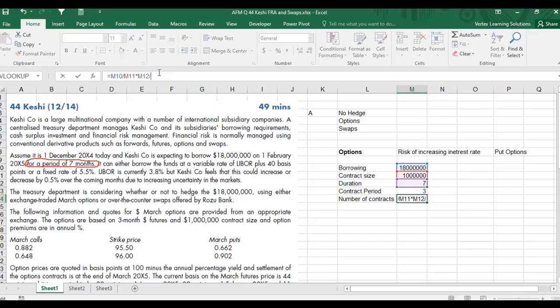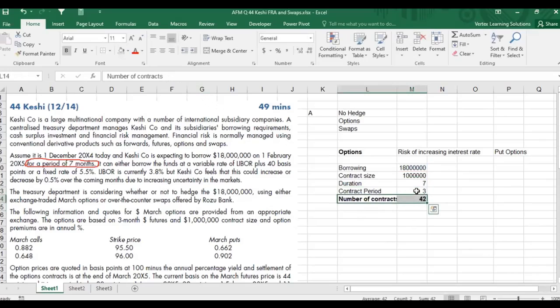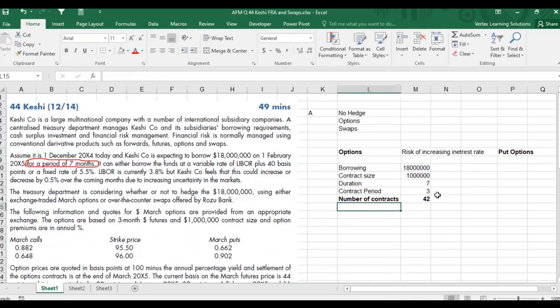Instead of putting 3, I'll just use it here. So I need 42 contracts. The first thing you always establish is what you are going to do. You're going to get put options, so you can pick up numbers from here. The second thing you do is find out your number of contracts. Standard format, we did it before.